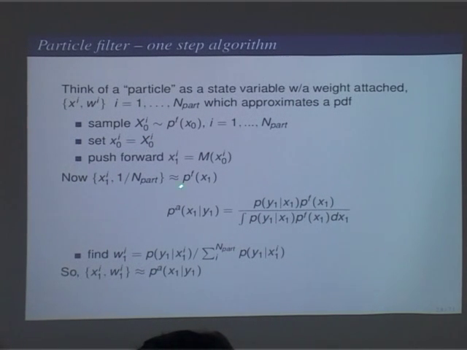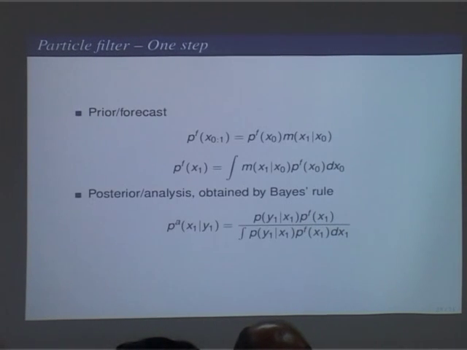Now at time 1, I have an approximation to the prior distribution, which is just those states pushed forward, and those states initially were sampled empirically, so they all have even weights. The key here is that we've sampled from this PF of x1.